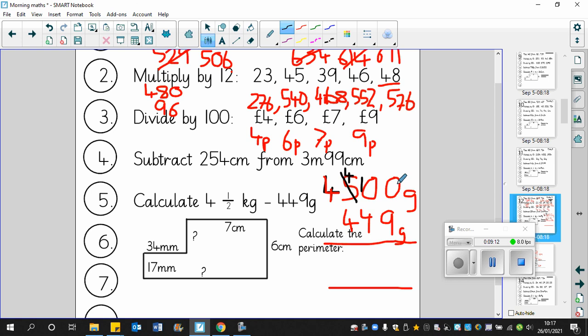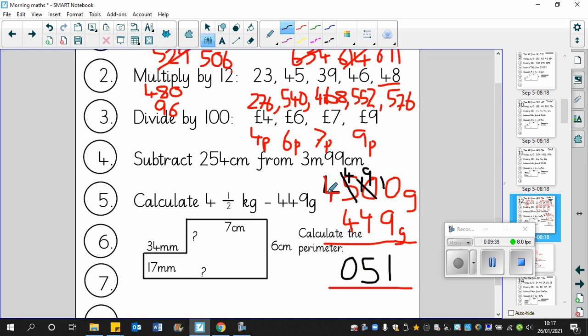That 0 take away 9 we can't do, and we can take one away from here now. So instead of it being 10, it now becomes 9. Let's put a 9 there, and instead of that being a 0, that's now a 10. So now, 10 take away 9 we can do, so we've got 1 there. 9 take away 4 is 5, so that's 5 there. 4 take away 4 is 0.